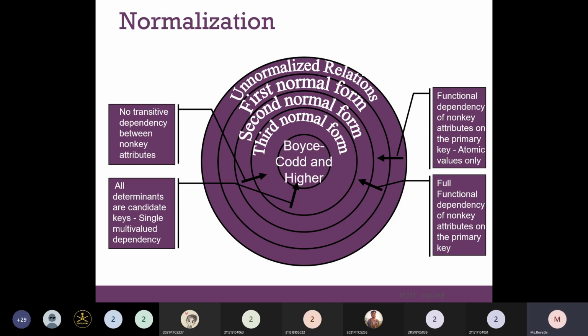To further reduce the anomalies, we can decompose the relation and bring it to second normal form. Like that, we can go through the several forms of normalization. It goes up to fifth normal form, which is the highest level of normal form.